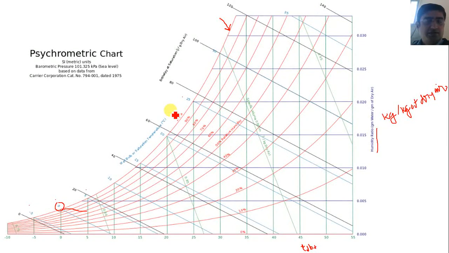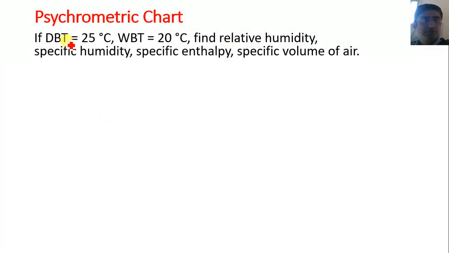So let's understand how we can find the value of all these terms. Here an example is given in which the value of DBT is, say, 25 degree and the value of wet bulb temperature is 20 degree.